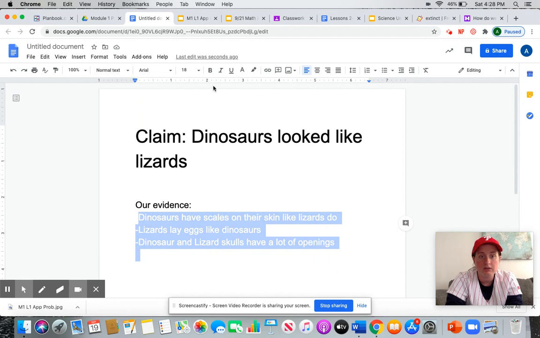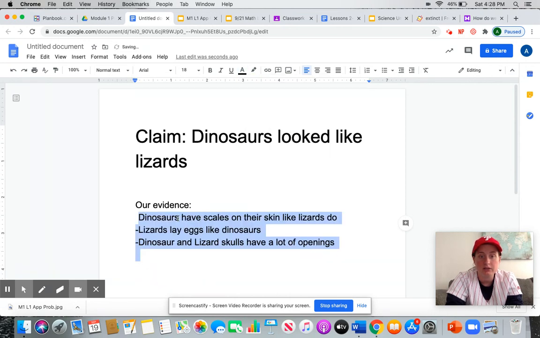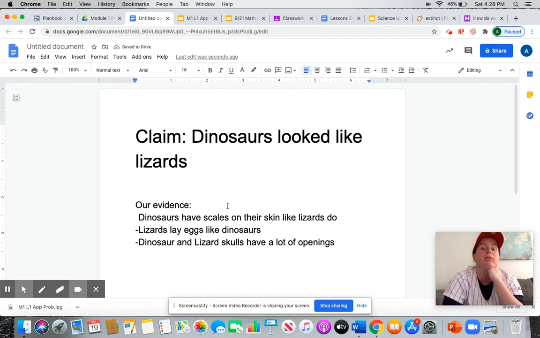Well, we know that dinosaurs have scales on their skin like lizards do, and that lizards lay eggs like dinosaurs, and that dinosaurs and lizards have a lot of openings in their skulls. Wow, so we're just coming up with even more reasons why we think dinosaurs probably looked like lizards.